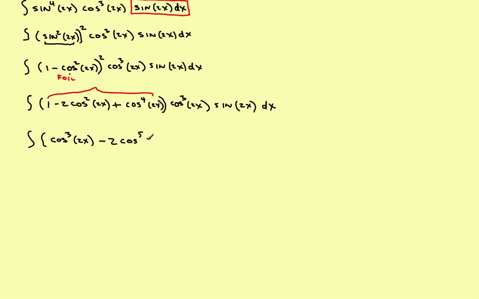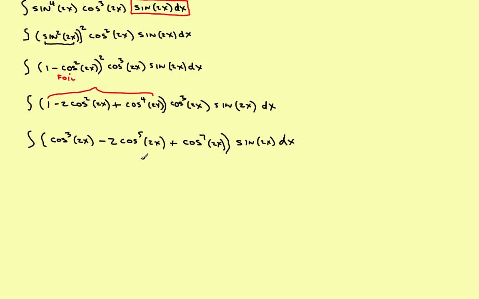So the cosine to the 5th of 2x. And then finally you've got plus, and again, add the exponents. 4 plus 3 will give you a cosine to the 7th of 2x. And then all of this is still times the sine of 2x dx. So you've got it spread out like that.